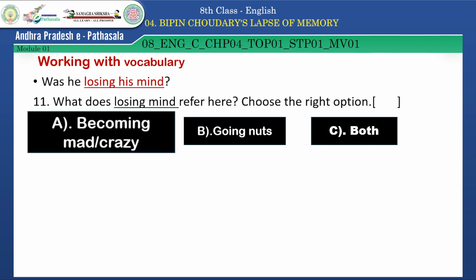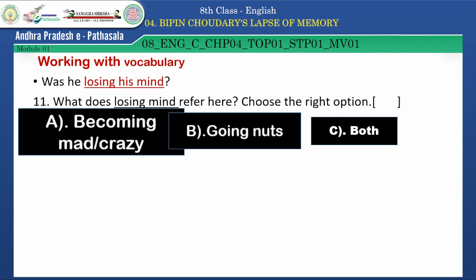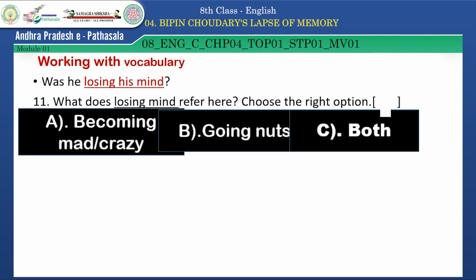Becoming mad or crazy? Going nuts also? Then the answer is both. So C is the right answer. Losing his mind is frustrated. Good job.